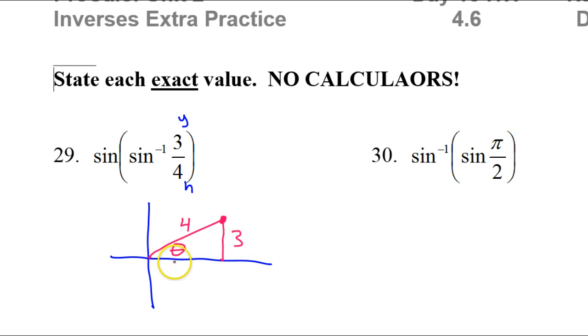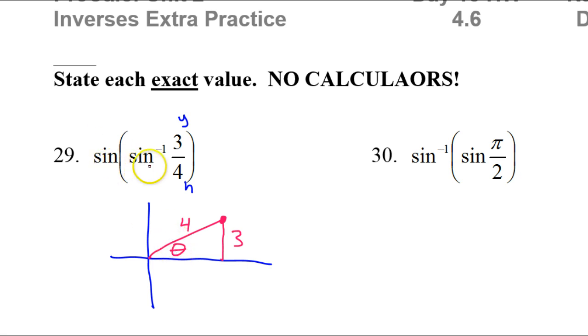So I have this picture so far. I don't know what this angle is, but this is a picture of the angle whose sine is 3/4. Then we would evaluate the outer function, which is saying, okay, now what's the sine of that angle?